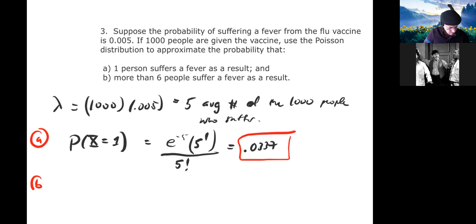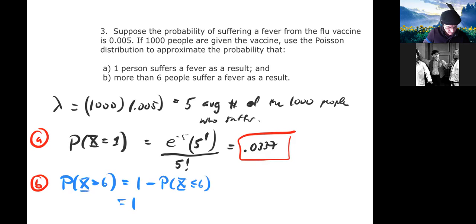And the answer to part B: more than 6. How do you calculate the probability that x is more than 6? We calculate the complementary probability. That's 1 minus the probability that x is less than or equal to 6.